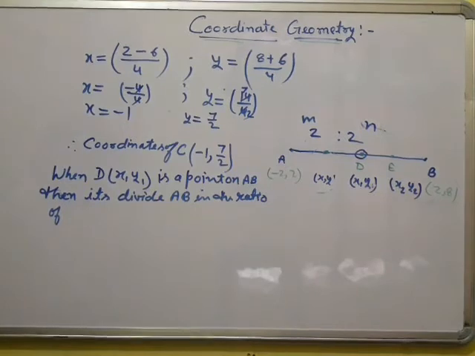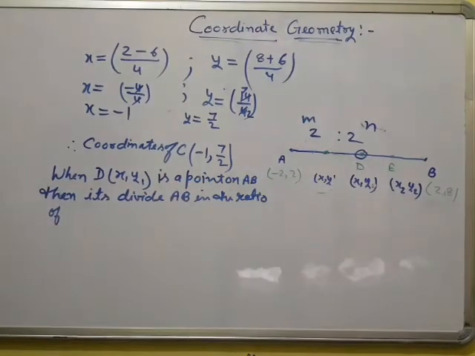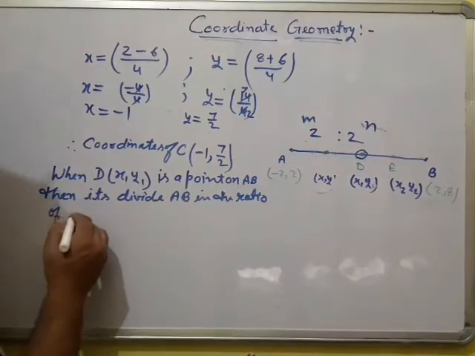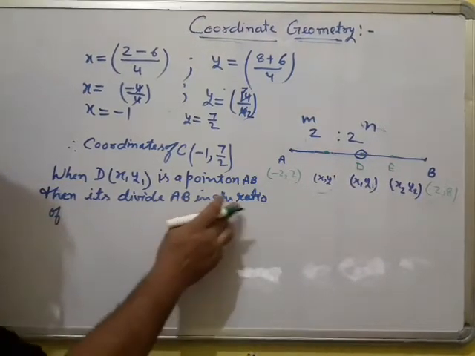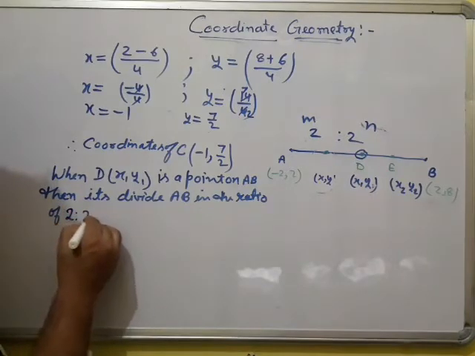Clear? 2 ratio 2. So D is the midpoint of AB. तो यहाँ पे ये कह सकते हैं, AB is divided in the ratio of 2:2.